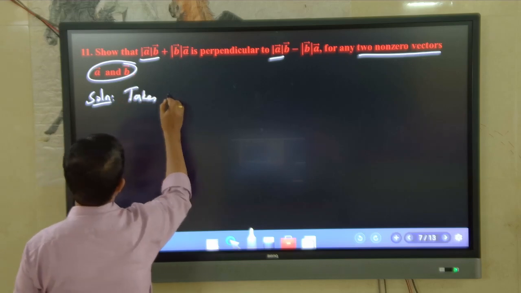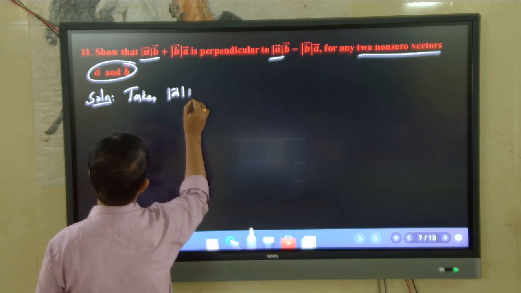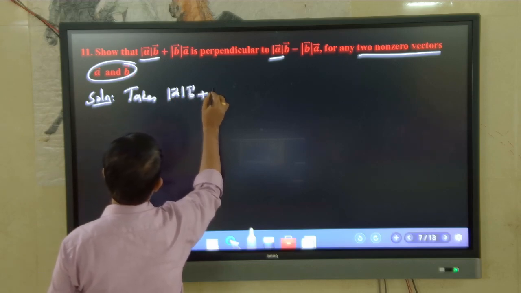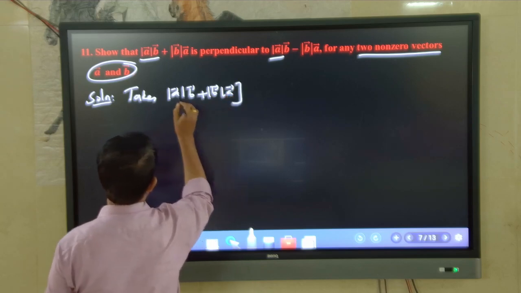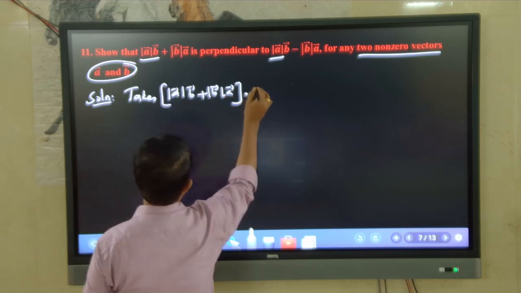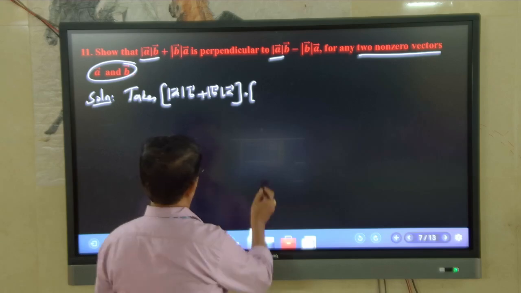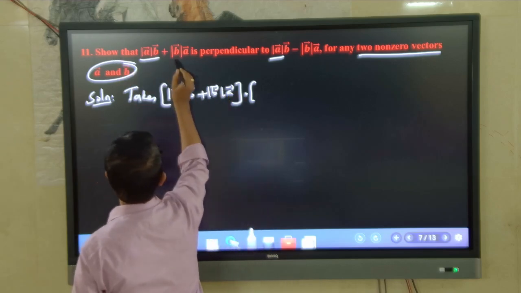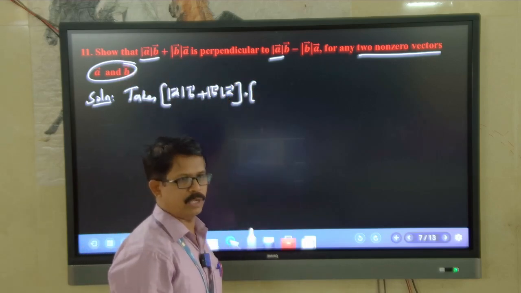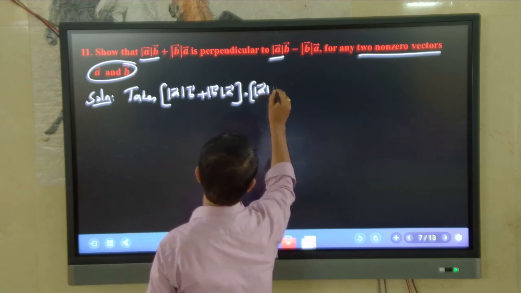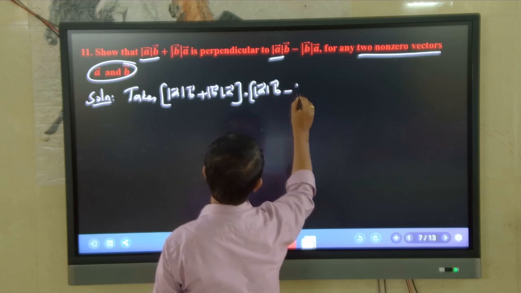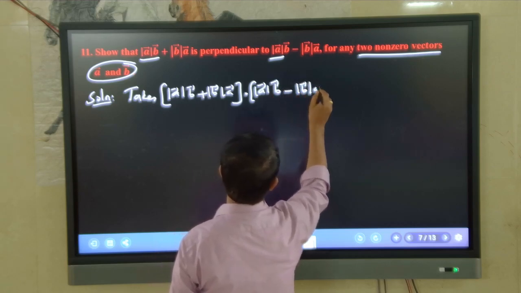Take (|a|b + |b|a) dot (|a|b − |b|a). Because we need to prove these two are perpendicular, that is equal to 0.